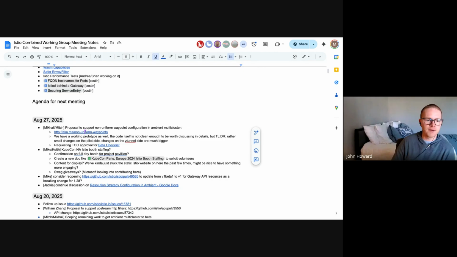Yes, I think it's violating the goals of the WDS API to have this per cluster map in there. The whole point is to have that service is associated with one waypoint. That waypoint has certain workloads. And it's not clear to me why that is a problem we need to solve necessarily.